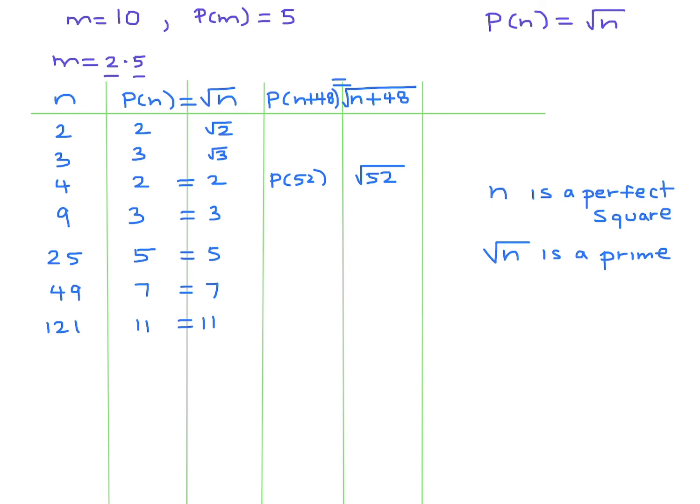Well, the P of 52, if you were to break that into prime factors, it would be 13 times 4, which is 13 times 2 times 2. So that would be basically 13. And the square root of 52 is obviously not 13, it's 7 point something. So these are not equal.